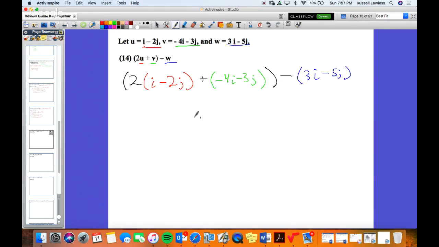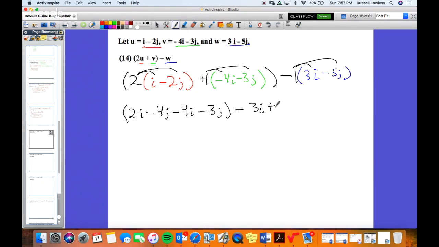To solve this, we distribute the 2 to each value to get 2i minus 4j. Then we simplify: this is essentially a plus 1, so you distribute it to both, which is just negative 4i minus 3j. And finally, you have a negative 1, which when distributed gives us a negative 3i plus 5j.